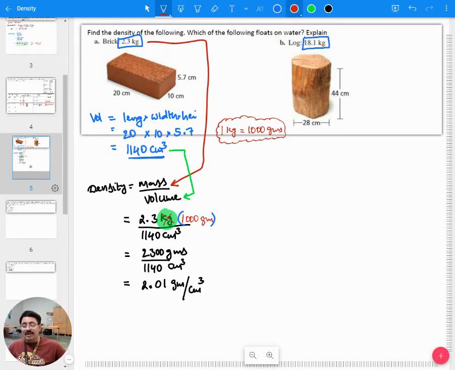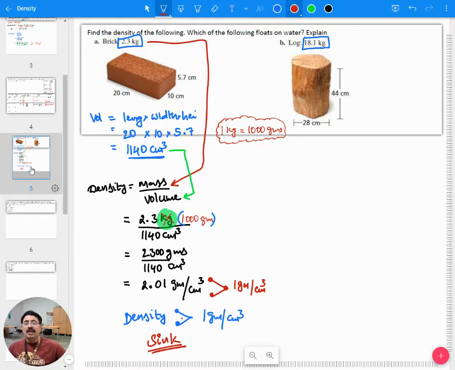Already I told you that if the density of the given material or object is more than 1 gram per cubic centimeter, then for sure this is going to sink.